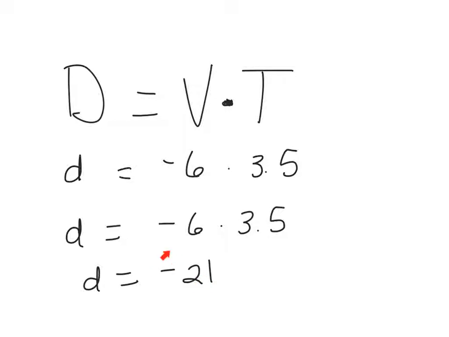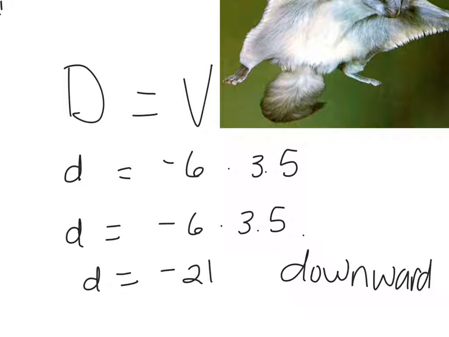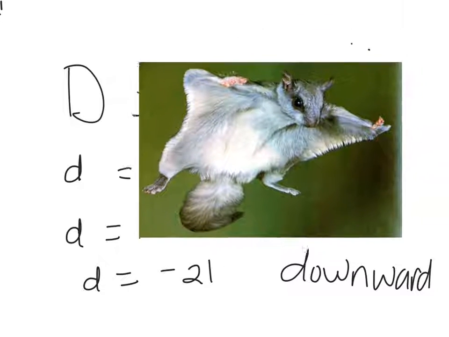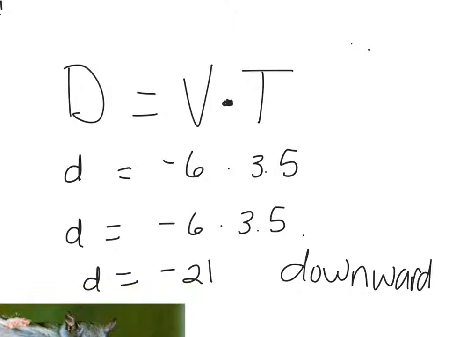So the negative sign right here indicates the downward motion, which is important here, because the downward motion is what we're trying to explain. He crashes to the ground.